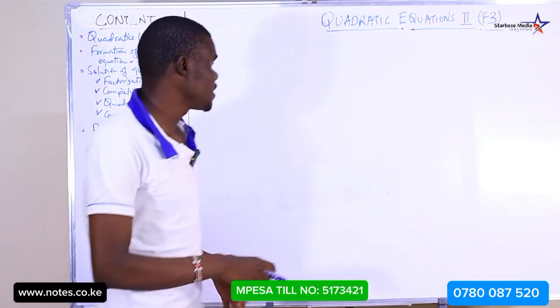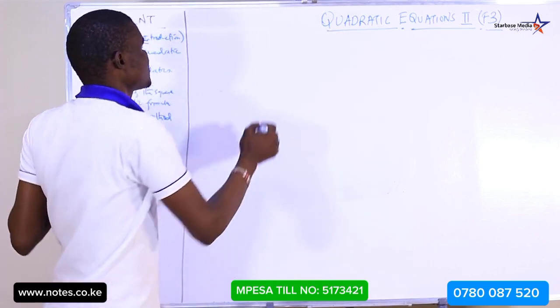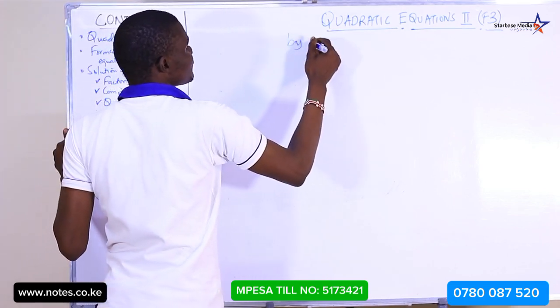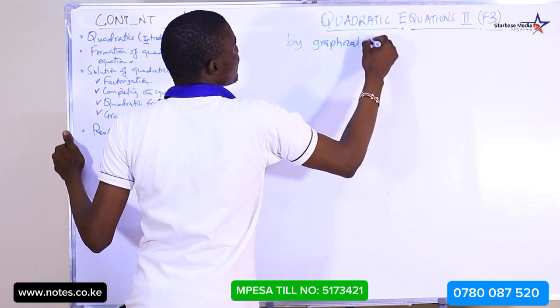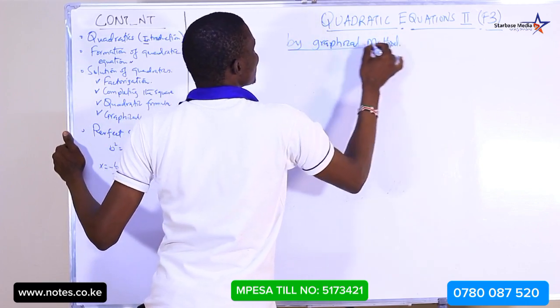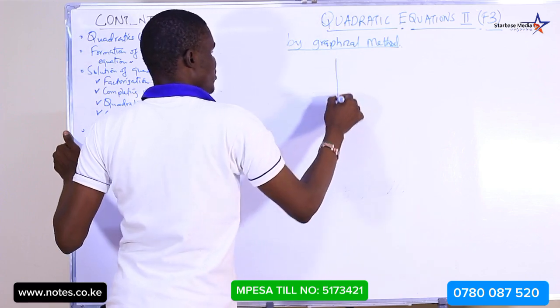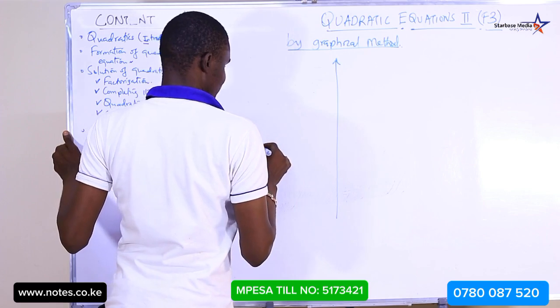Another way through which we can solve a quadratic equation is by graphical methods. By the graphical method. And because we don't have a graph, I'll simply tell you what is expected.